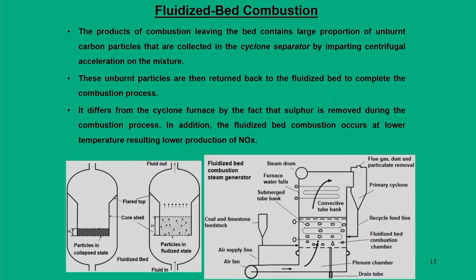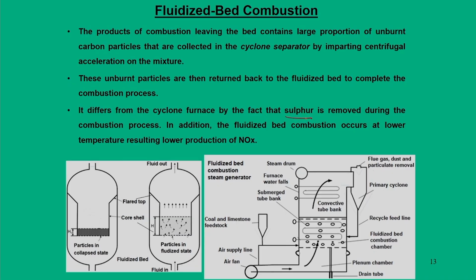Finally, the products of combustion leaving the bed contain large portions of unburned carbon particles, and they are again collected through a cyclone separator. The unburned particles return back to the fluidized bed to complete the combustion process. The main difference between the fluidized bed and the cyclone furnace is that in a single method one can remove sulfur.